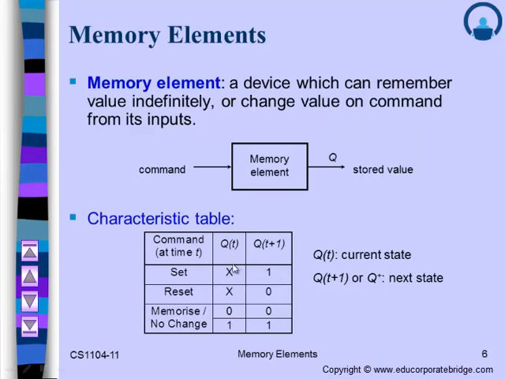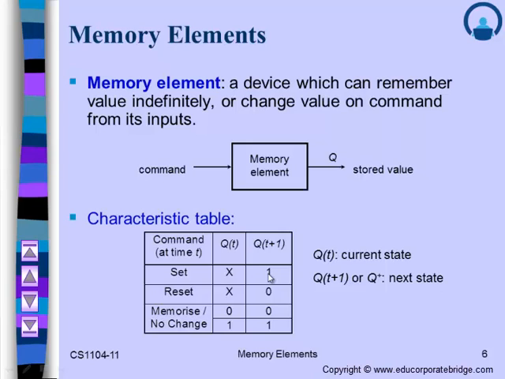When Qt is don't care, we have Qt plus 1 as 1, which is the next state, called set. That is, the next state has its value 1. Similarly, if Q plus has its value 0, we consider it a reset. That is, the value has been reset and is ready to use with a fresh start.